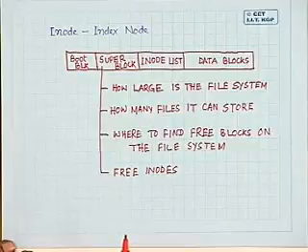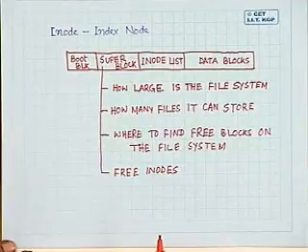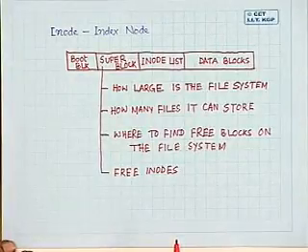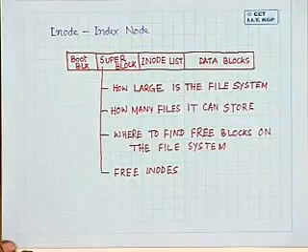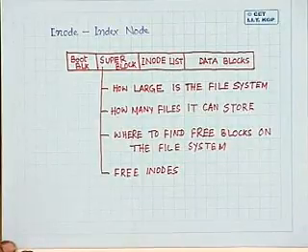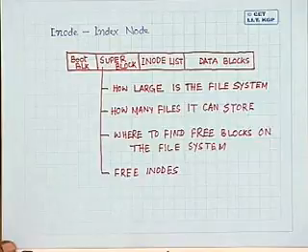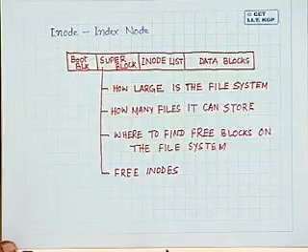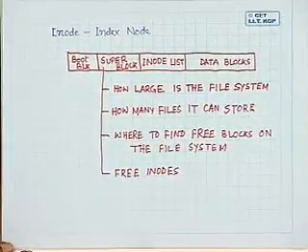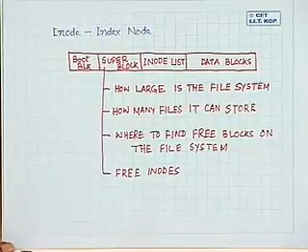I don't know whether you have faced such a situation or not. When we try to create a new file or a new directory, you get an error message that the file system is full, even though there is a lot of disk space available.